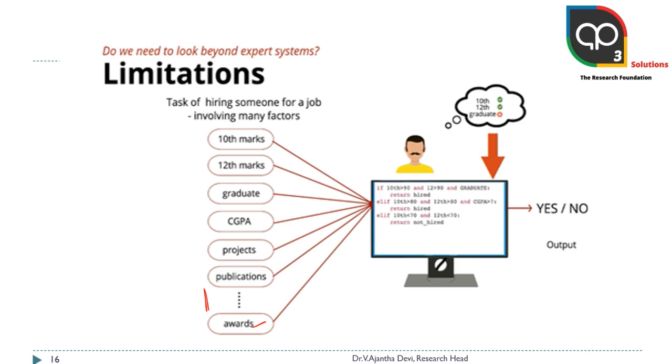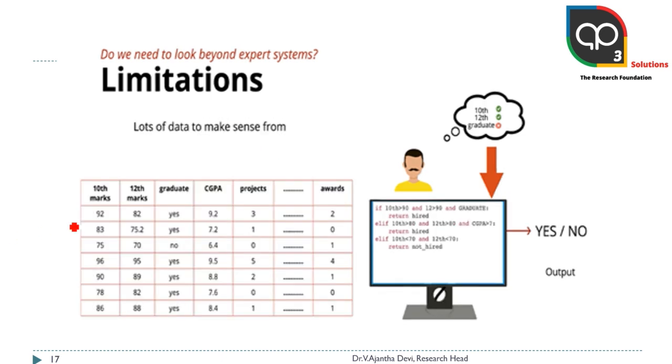Now, every row that you see is the data for one employee that your company had in the past, and for that employee you have many factors or features available: 10th standard or 12th marks, whether he or she is a graduate, what the CGPA is, the number of projects, and so on.